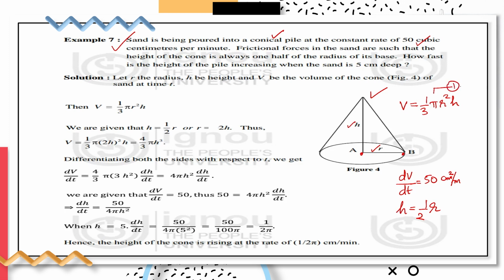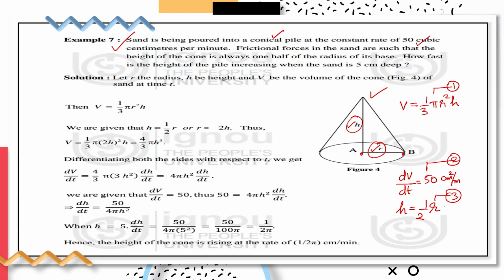The second important observation is 50 centimeter cube per minute, the rate. The third important observation is that the height of the cone is always 1/2 of the radius of the base. The radius of the base is r, and the height of the cone is h. So h is equal to 1/2 of r.